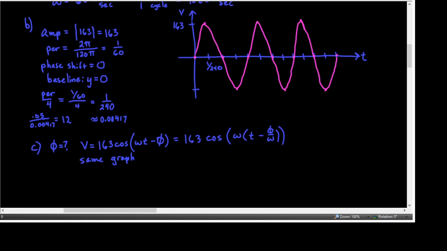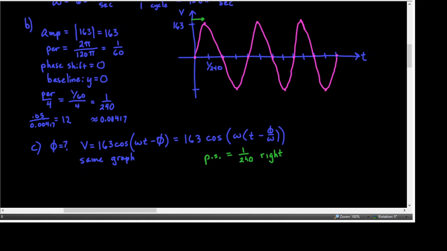Okay, so what I have to figure out is, what is my phase shift up here so that it's a cosine graph? In other words, remember, 0 cosine is at the high, so it's been shifted to the right. So the phase shift that we're going to accomplish is 1 over 240 to the right.